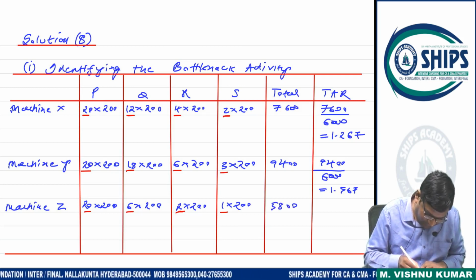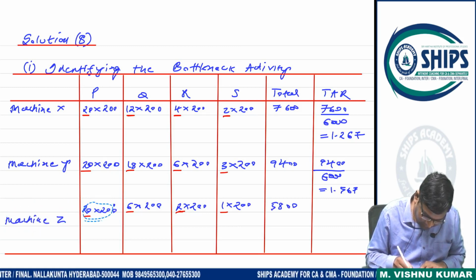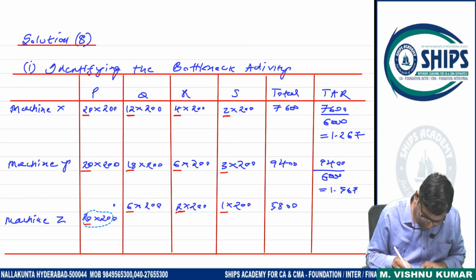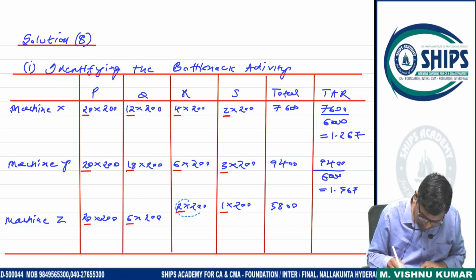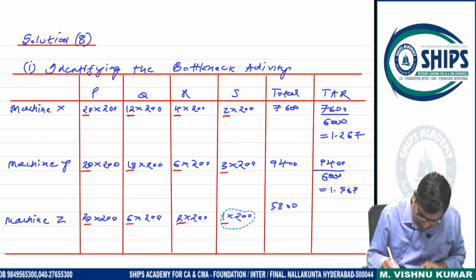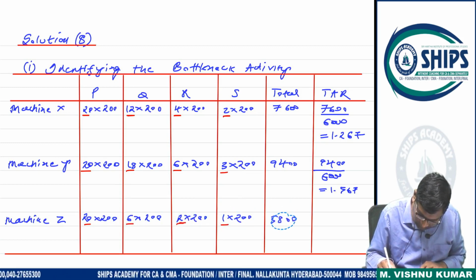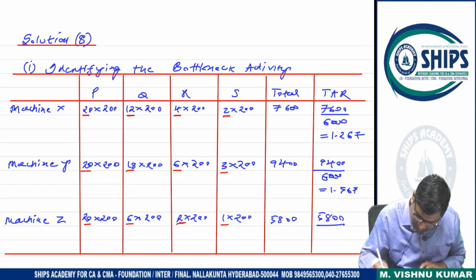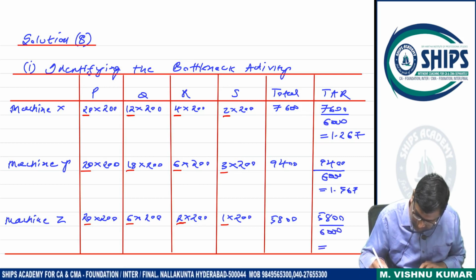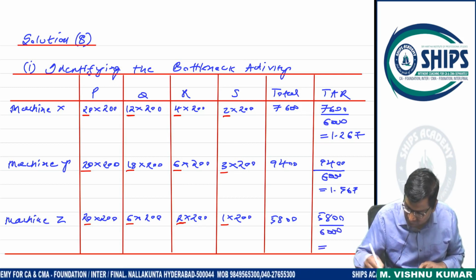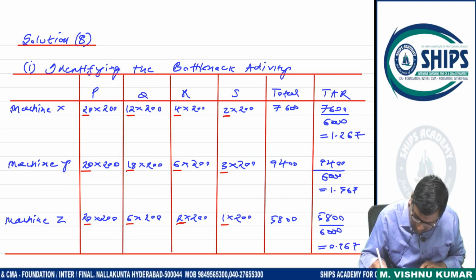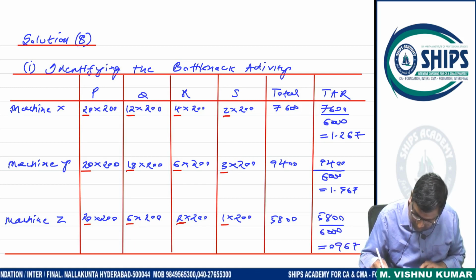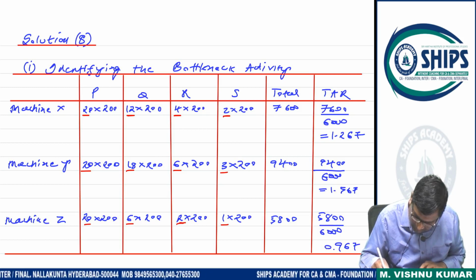So this machine is not a bottleneck. 5,800 divided by 6,000, so 0.967.